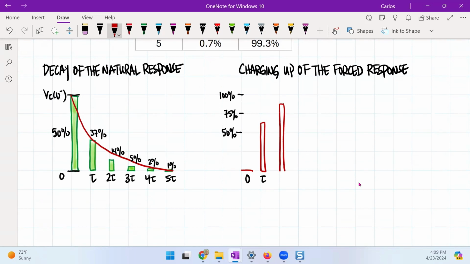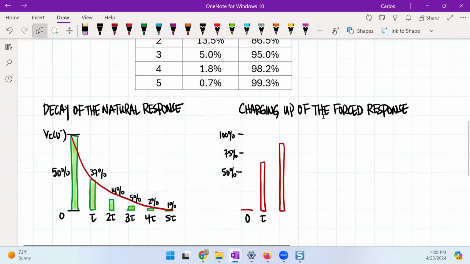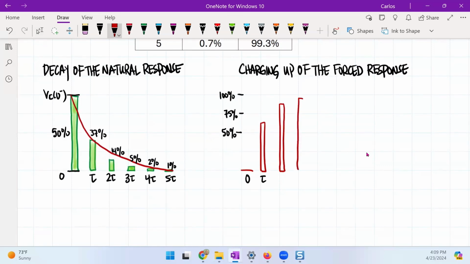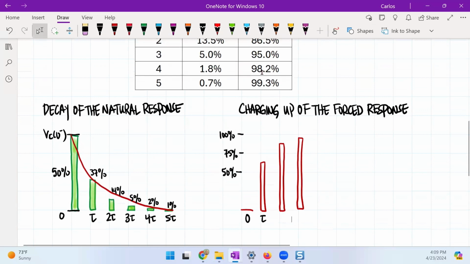And then if I keep going, then it jumps to 95%. So we're up here very, very quickly. So we're going to say that maybe that might be 95. And now I have to get to 98 and 99. So these are just minuscule changes here.